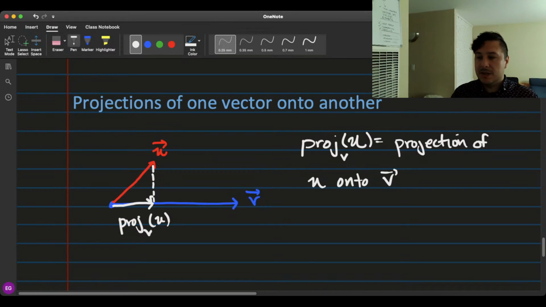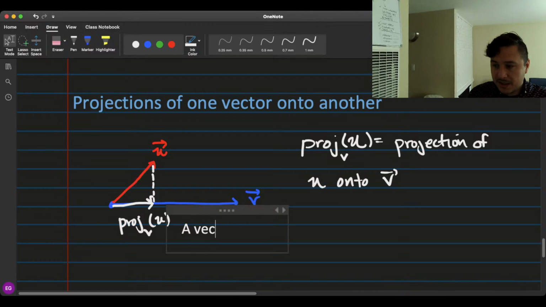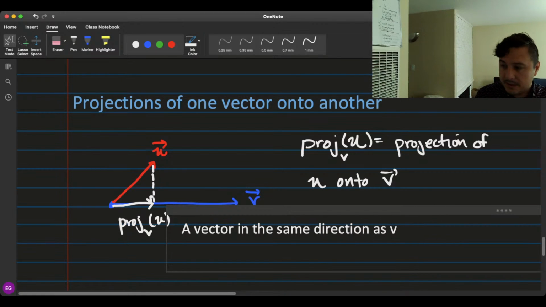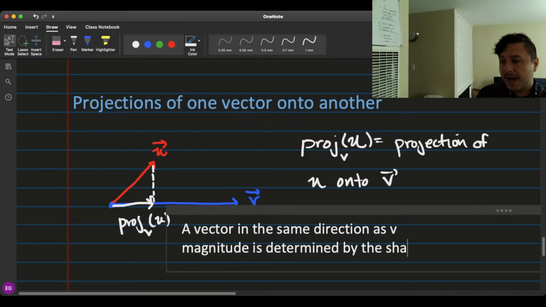So what you get is a vector in the same direction as v, and the magnitude is determined by the shadow u casts on v.